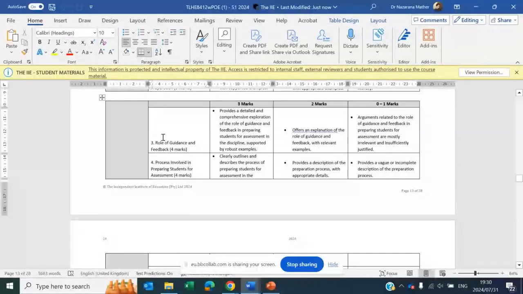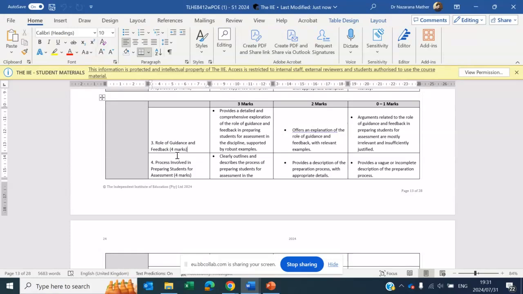Here it is, the role of guidance and feedback. Number 3, it is for 4 marks. Provides a detailed and comprehensive exploration of the role of guidance and feedback in preparing students for assessment in the discipline, supported by robust examples.